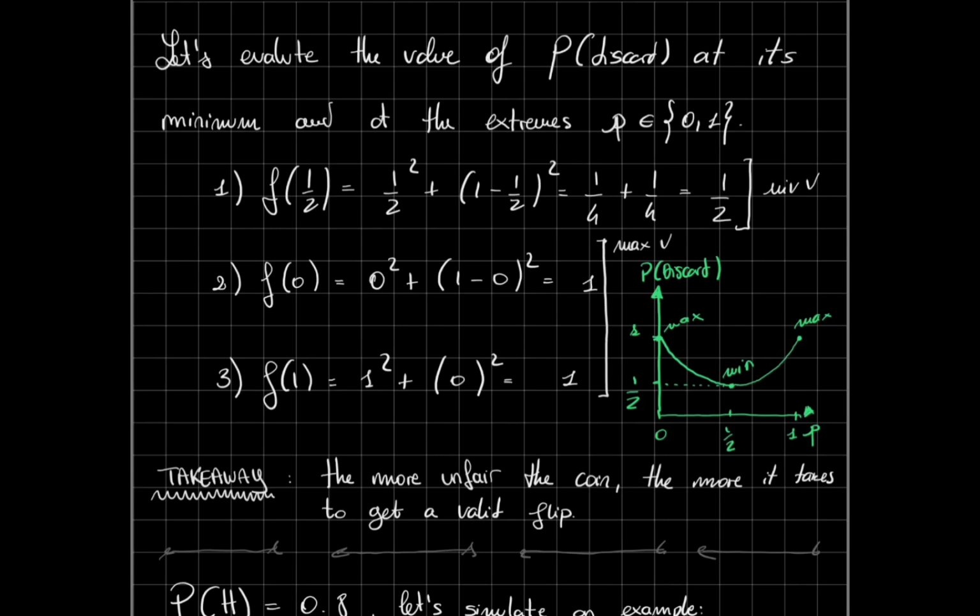Whenever we are dealing with an unfair coin, so we deviate from 1 over 2, either to the right or to the left, we can see that the probability of discard increases. In other words, this means that the more unfair the coin is, the further we move from 1 over 2, the higher the probability of discard, and the longer it takes to get a valid result.